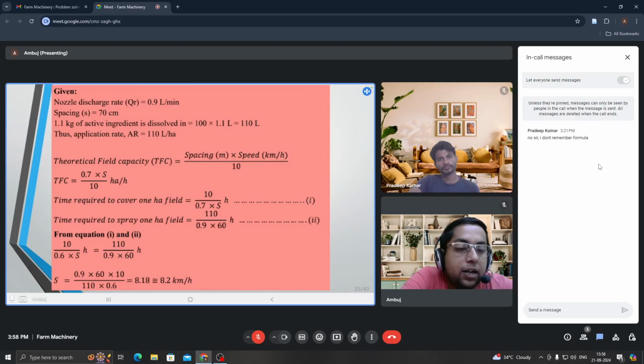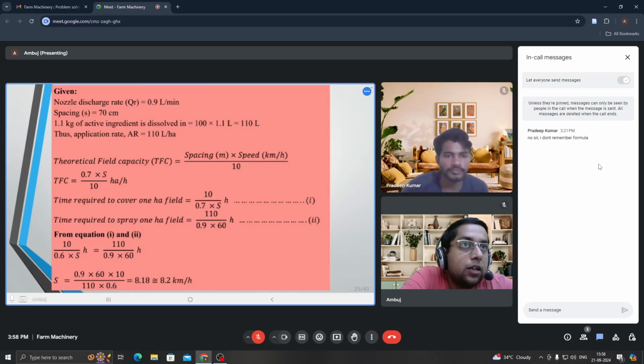So 110 liters per hectare divided by the denominator kept as liters per minute, then multiplying it by 60 for the unit balance, and directly you will get hours per hectare. Equating these two equations, you will get speed as 8.2 kilometers per hour.